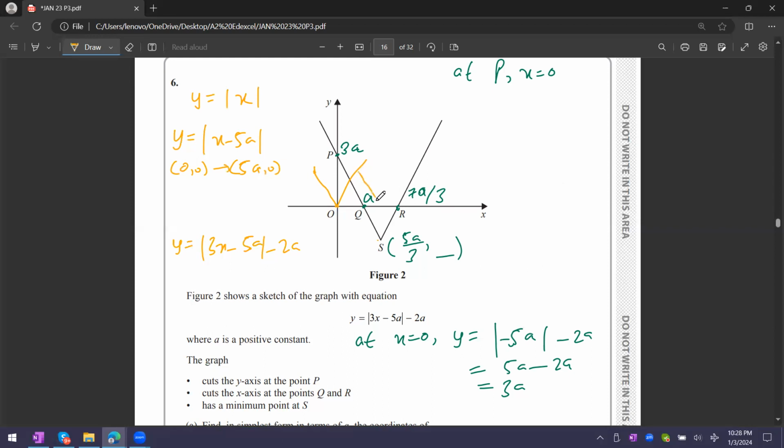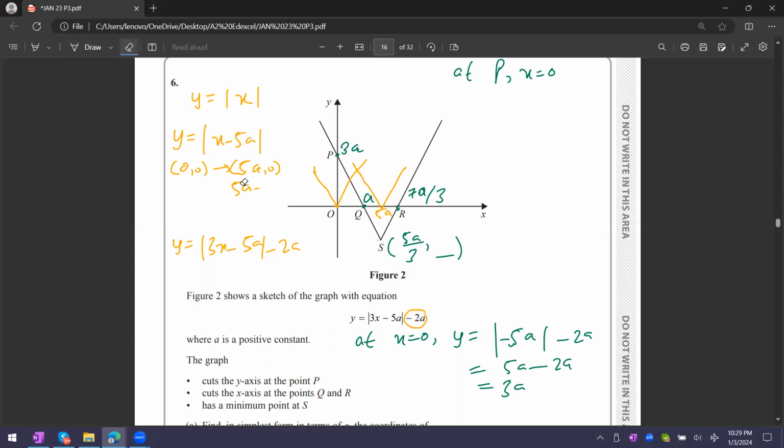Let's say it is now here, 5a. Now there is minus 2a. Minus 2a means vertical translation. It went down. Sorry, not 5a; that's the x coordinate, 5a.